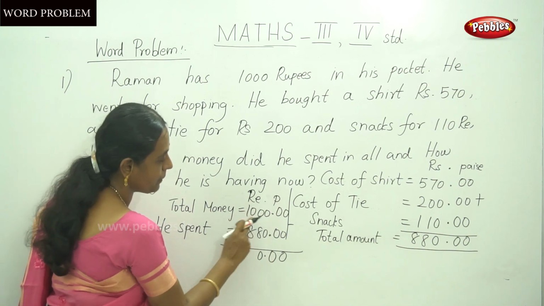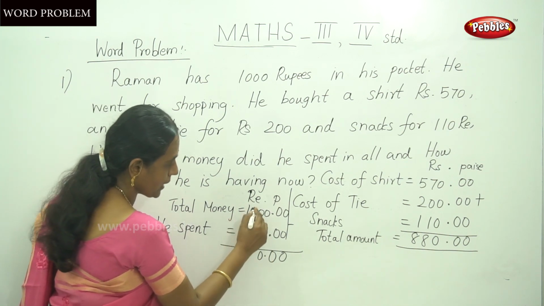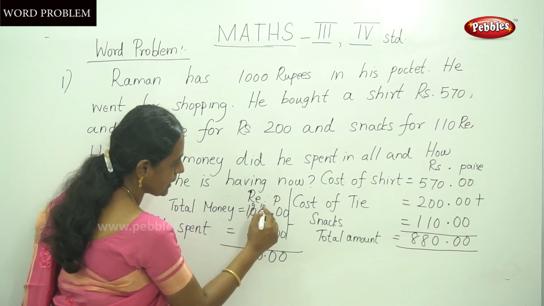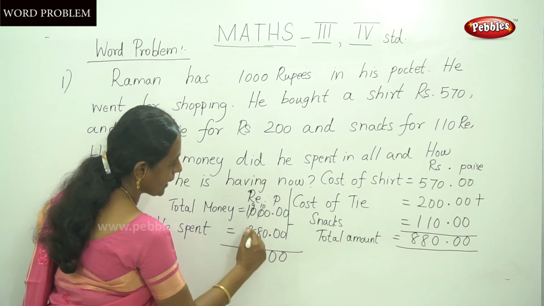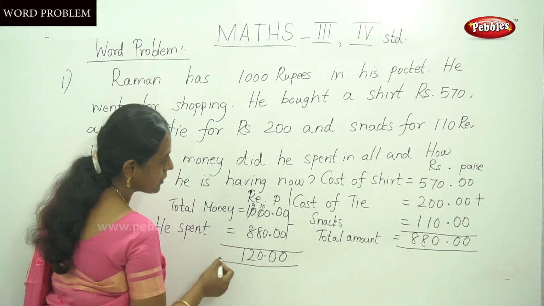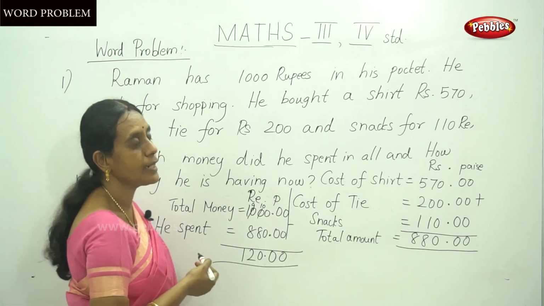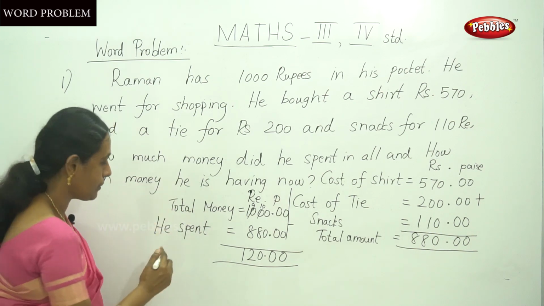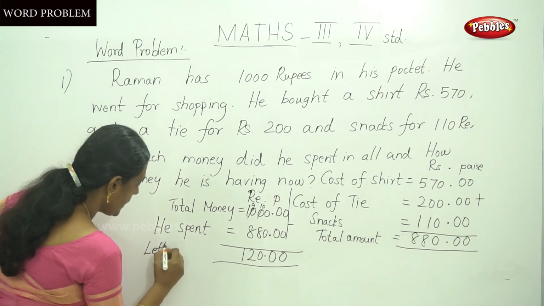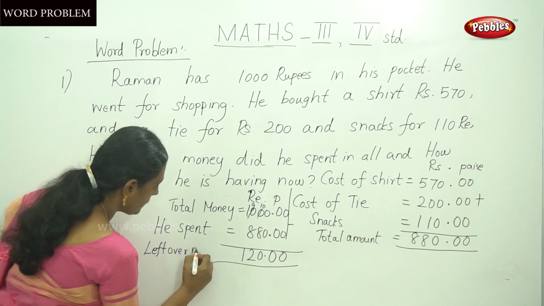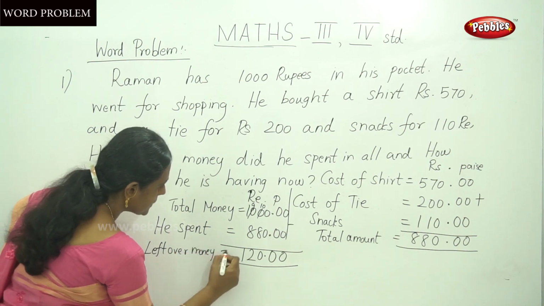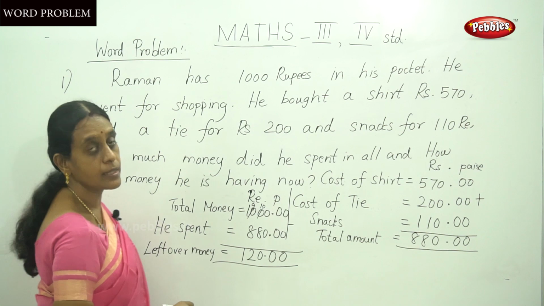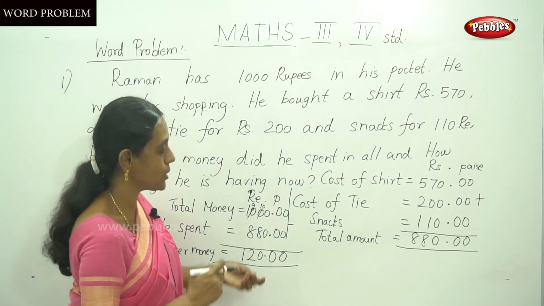You have to regroup from the 1000 place. That is 9, and this 1 makes 10, and 10 minus 8 is 2, and 9 minus 8 is 1. So the remaining amount is 120 he has now. This is the leftover money, rupees 120, no paise.